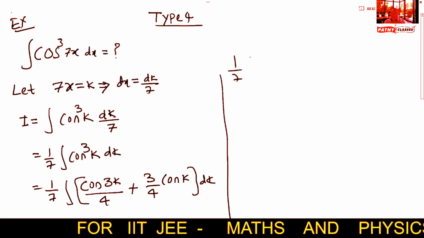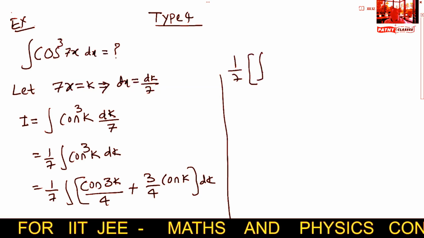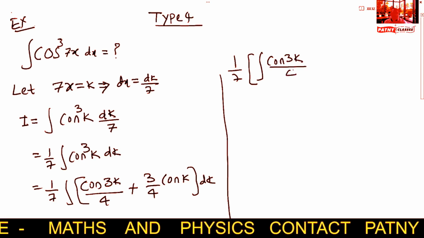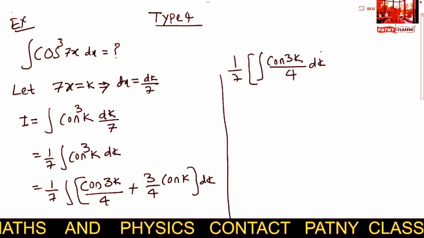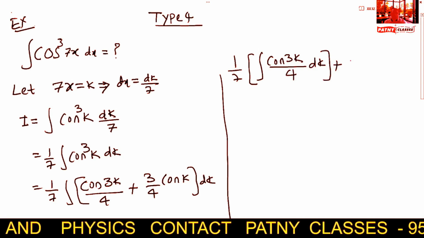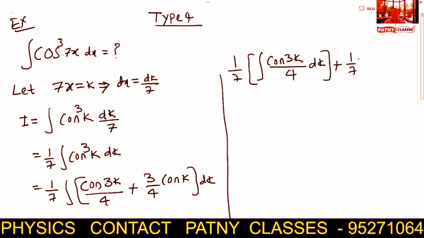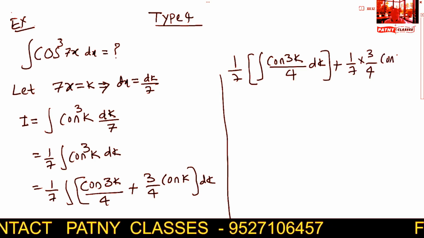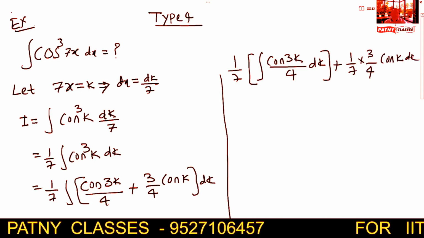Now splitting, integration cos 3k upon 4 with respect to k plus 1 upon 7 into 3 by 4 cos k with respect to k.